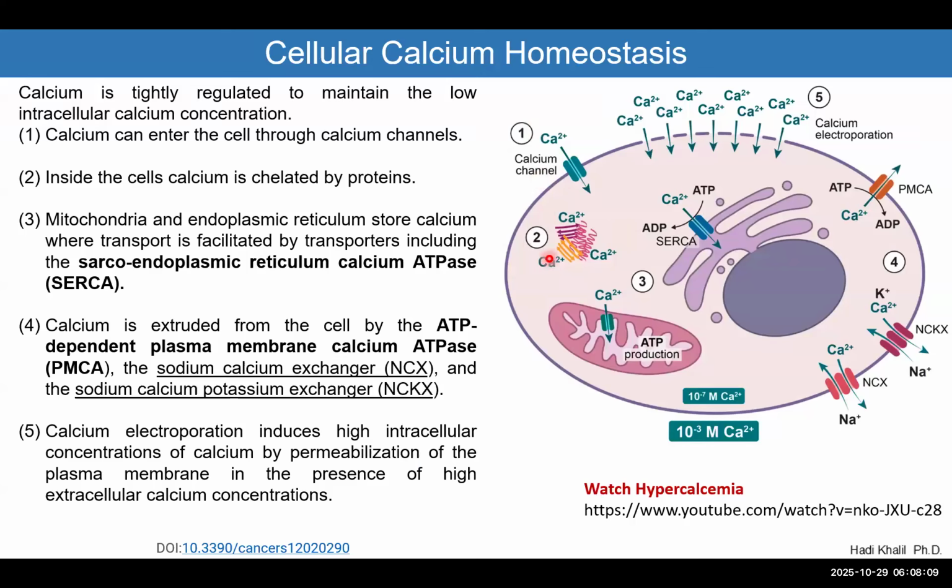Once inside the cytoplasm, it has to be directly chelated by proteins. So certain proteins bind to calcium and sequester it. Okay? Then the organelles, the sarcoplasmic reticulum and the mitochondria, store the calcium.